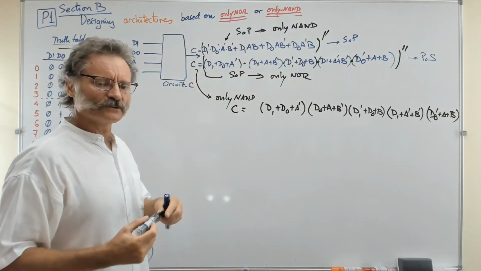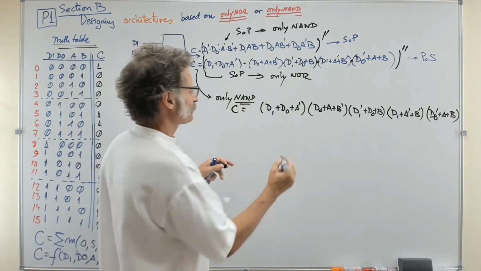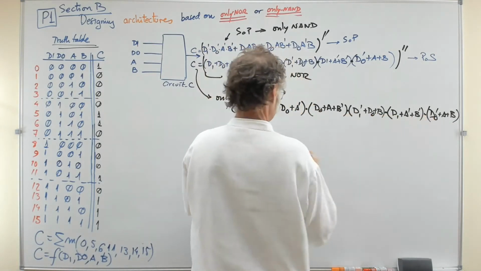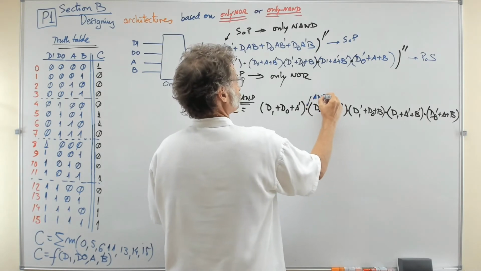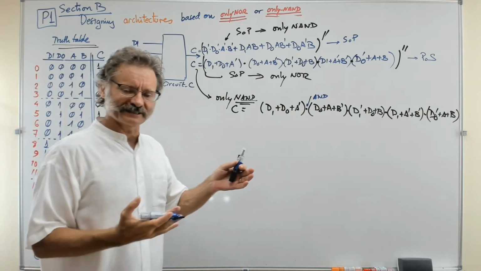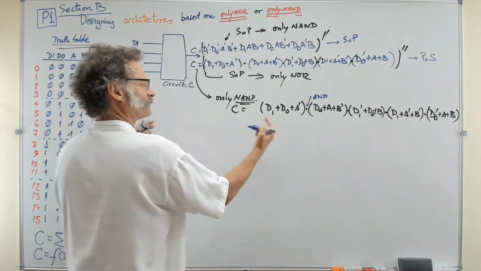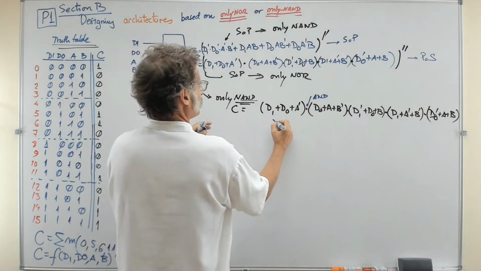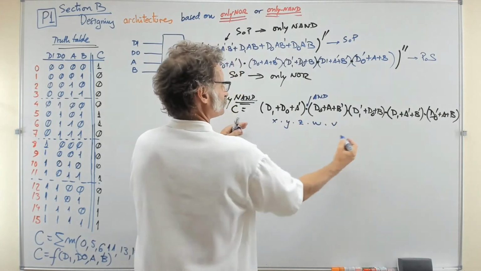So what if you now like to use only NAND? Well, you've got the AND already here. So this is what we called the AND. So what is left to transfer this AND of several terms into a NAND? Not very much is left to do here. You simply have, you see, X, Y, Z, W, and V. This is what you've got here.